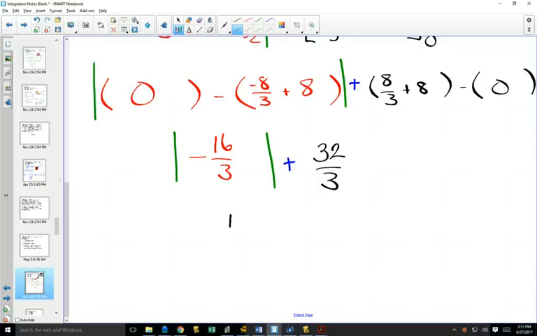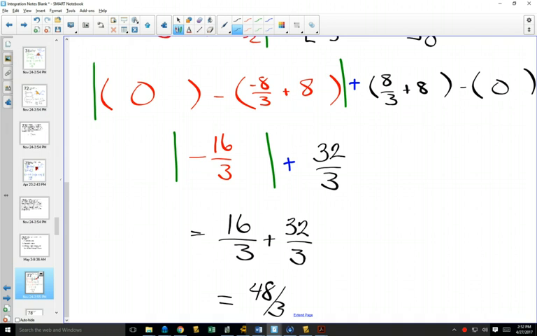Now we can take the absolute value, make this positive, and we get 48 over 3 is our answer.